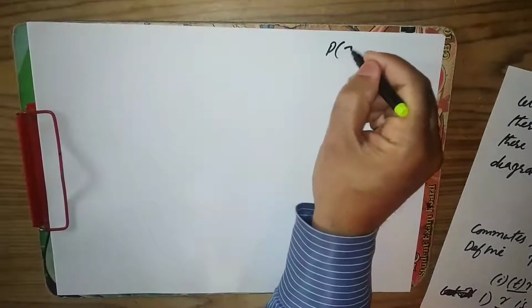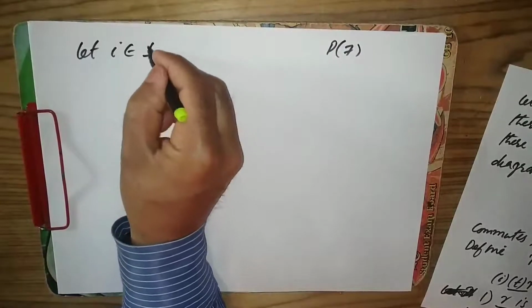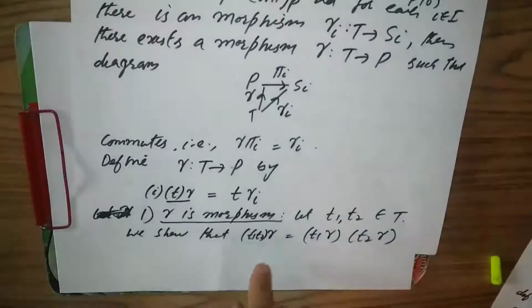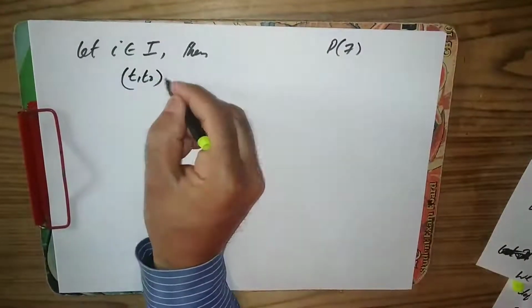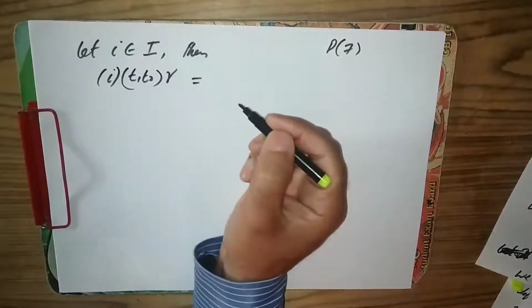So let's choose any point. Let i be any element of I, because they are maps on these. Then let's first calculate this one, (T1 T2) gamma evaluated at i.